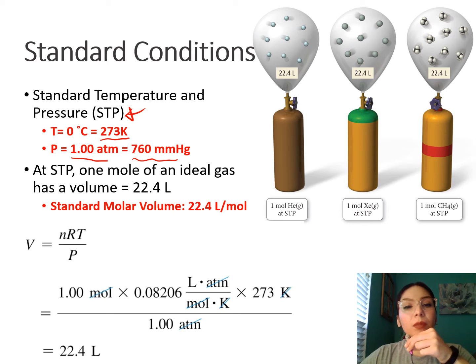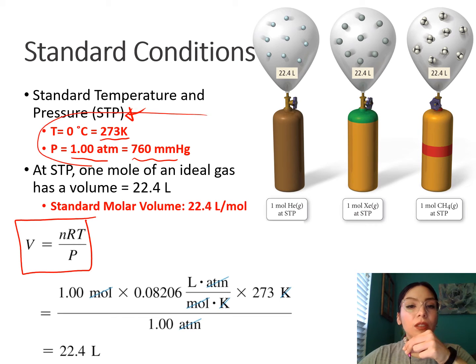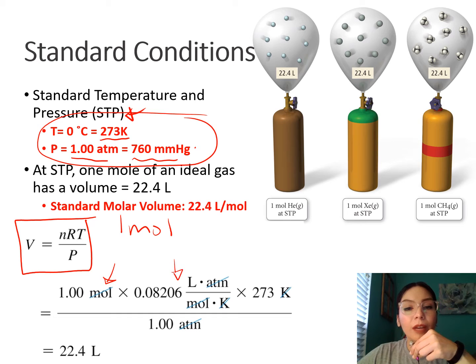Now at STP, let's say we use these conditions and we calculate what the volume of a gas will be based on having just 1 mole. What will our volume be? We plug everything in, 1 mole of the gas, we have our constant, we have 273 and 1 atm as our pressure. We get 22.4 liters.